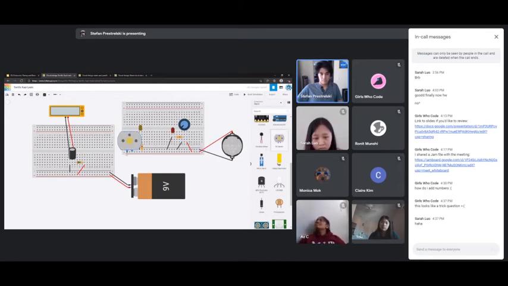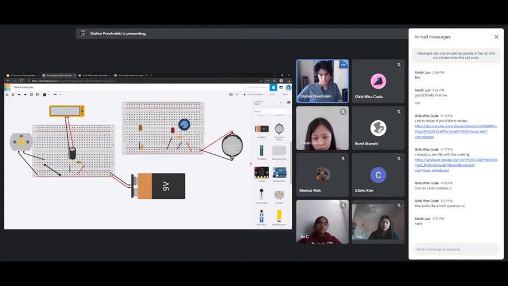If I put a motor, let's just put a motor here. Let's run in here. I'm going to install this little switch here.